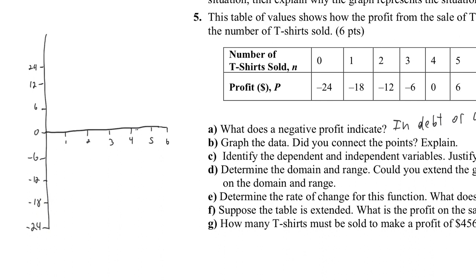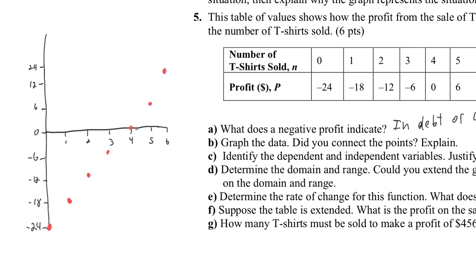I have 0 and negative 24, which would be all the way down here. Then I have 1 and negative 18. Then I have 2 and negative 12, 3 and negative 6, 4 and 0, 5 and 6, 6 and 12.